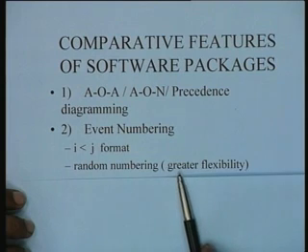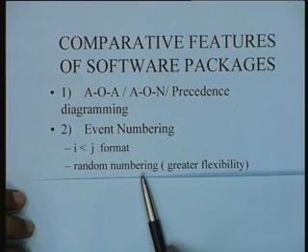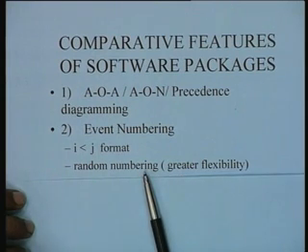The greater flexibility comes from the fact that even if you have numbered a network and subsequently you want to insert some new activities, with numbers like 10, 20, in between you can insert an activity 10, 15, 10, 16 and so on. But suppose your network is numbered 10, 11, and in between you want to insert a number of activities.